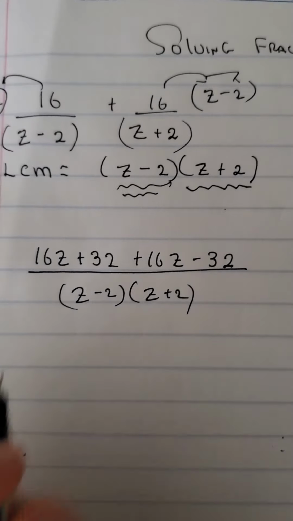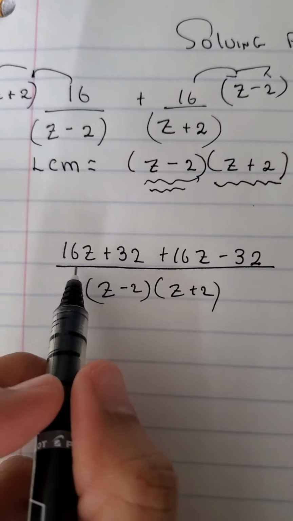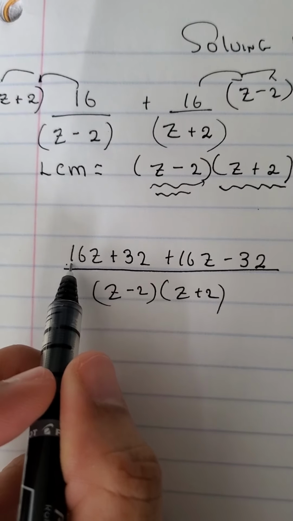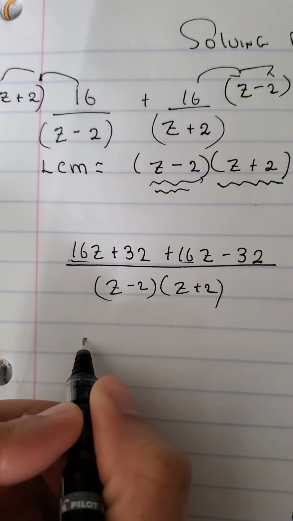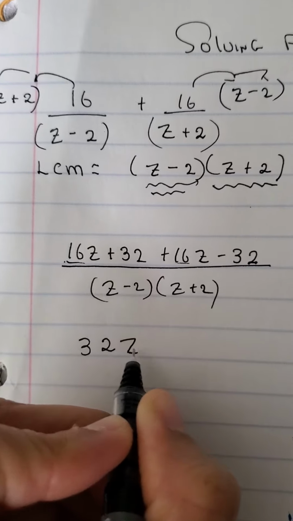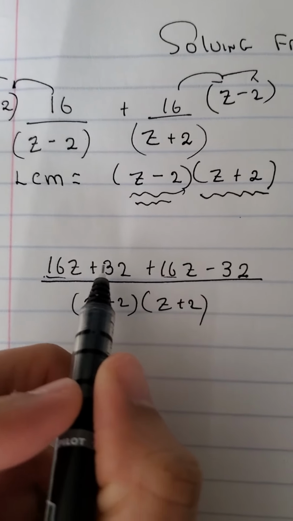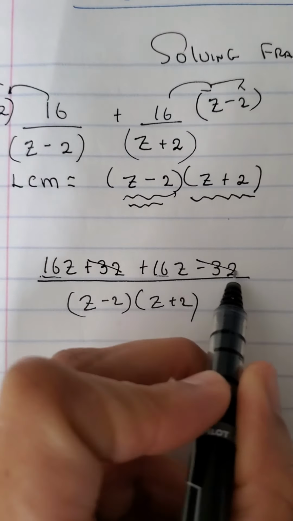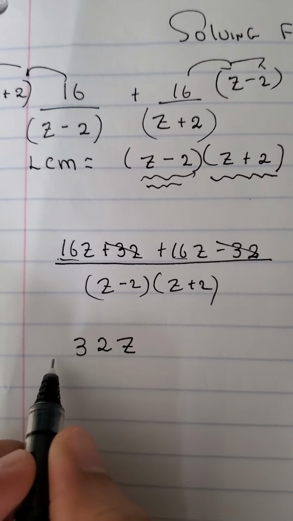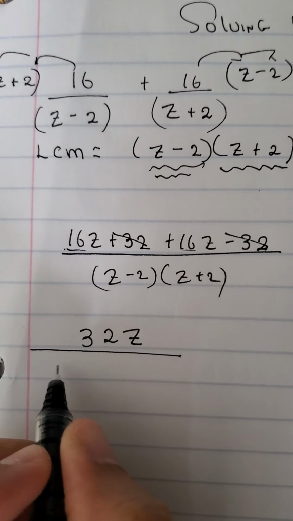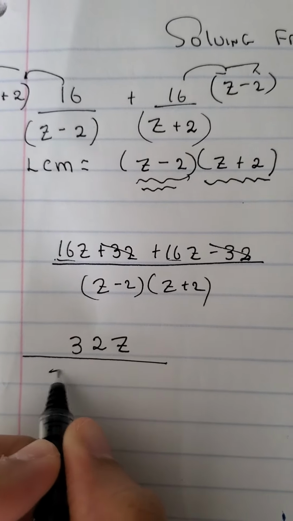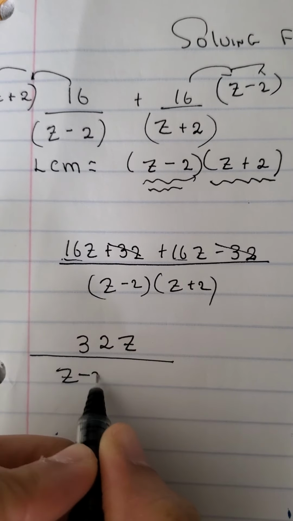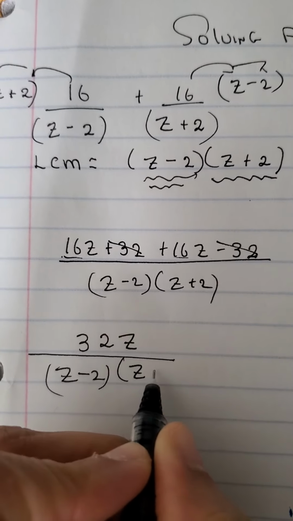So now we can operate on our fractional expression here, where we can combine like terms, and we see up here is 32z. And we see that we have two terms of same quantity and opposite signs, so that's a subtraction, left with 0. So your end answer here would be just 32z over z minus 2 times z plus 2.